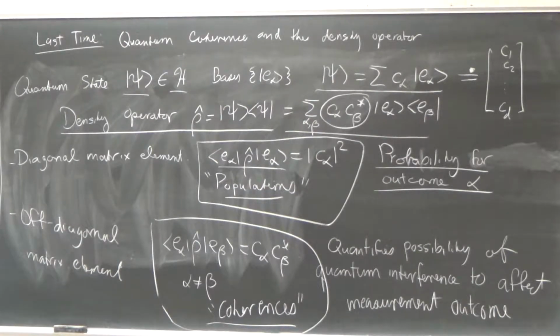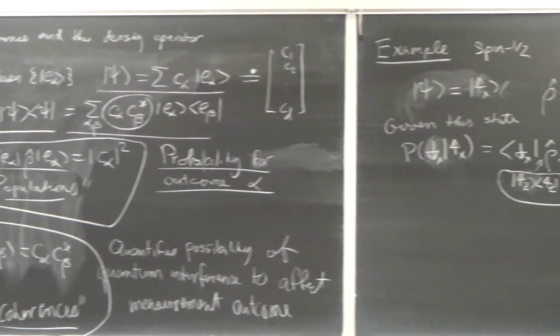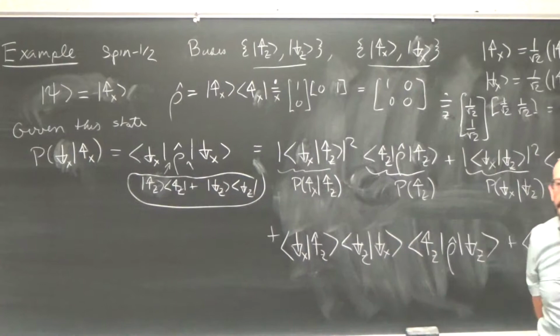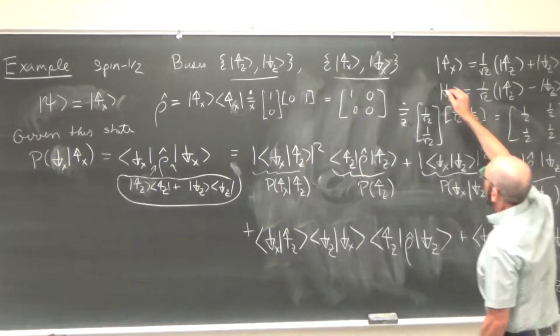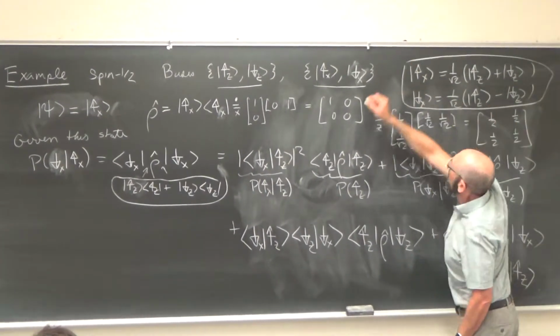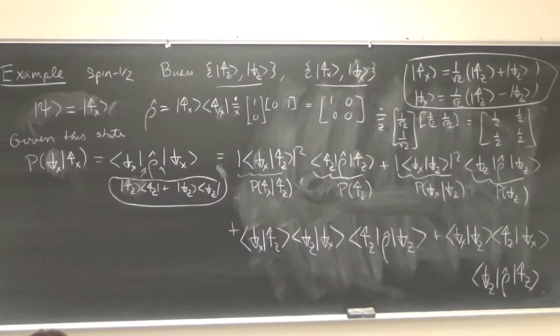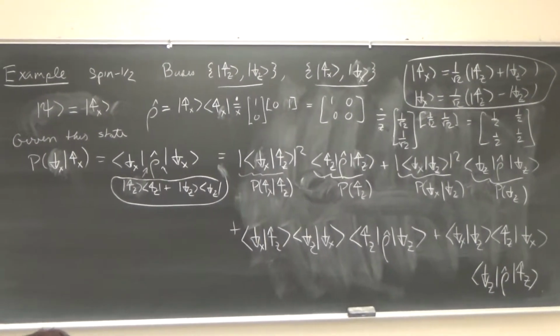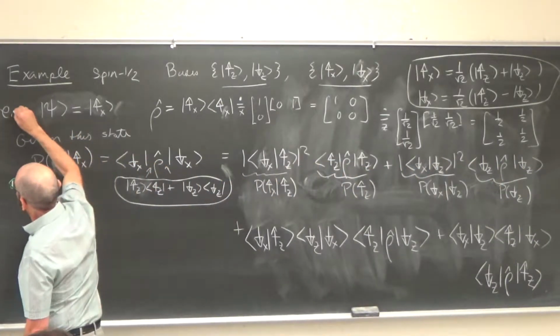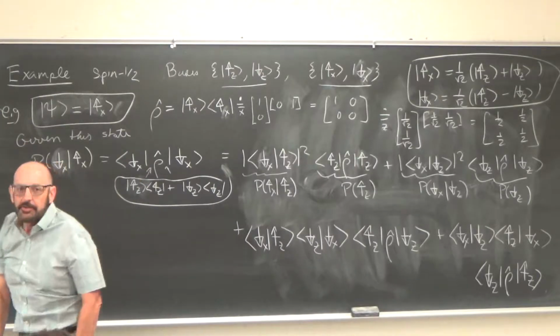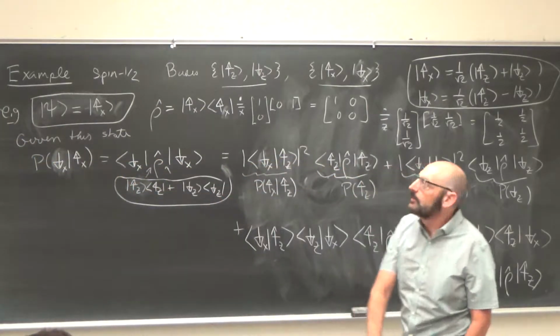Okay, and as an example of that, last time we said, well, let's consider a spin 1/2 particle. We can think about different bases, the eigenvectors of spin along z, or the eigenvectors of spin along x, and we have some relationship here between those eigenvectors. So if we look at the specific example, let's suppose you prepare the system as spin up along the x-axis.